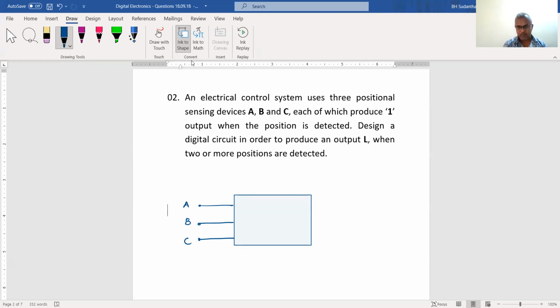Because we have 3 sensors, if any 2 of these sensors have identified positions, we have to produce one. So the condition is extended a little: 2 or more. When 2 or more positions are detected, then we can turn on this L.